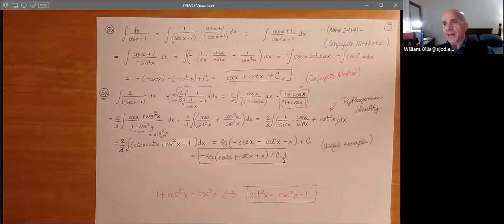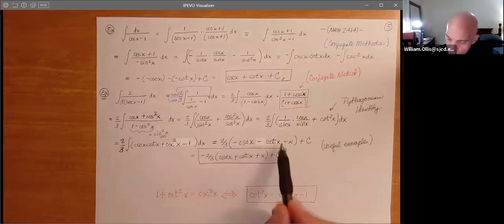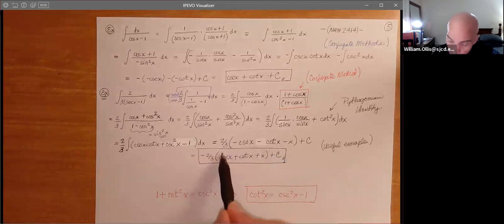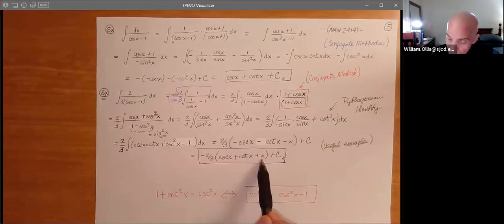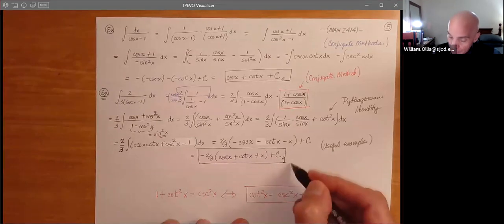Oh, we do know that antiderivative. So you really always have to test yourself and make sure that you're writing down something that's actually correct and not nonsense. And so now, of course, if you like, you can factor the negative. So we get negative 2/3 times what? Cosecant x plus cotangent x plus an arbitrary constant.